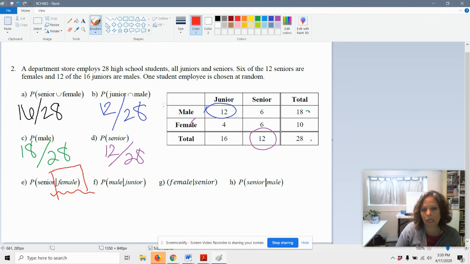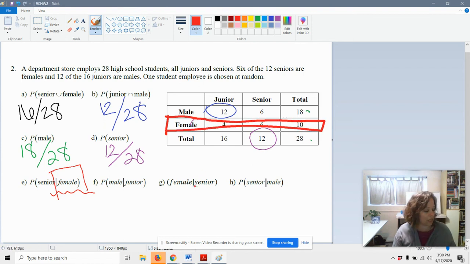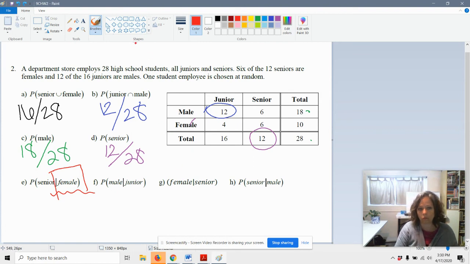What that means is that when we're looking at our data, we're only looking at data that's in the female category. Everything else is covered up. We're only looking at this data right here. Everything else we're ignoring, okay?